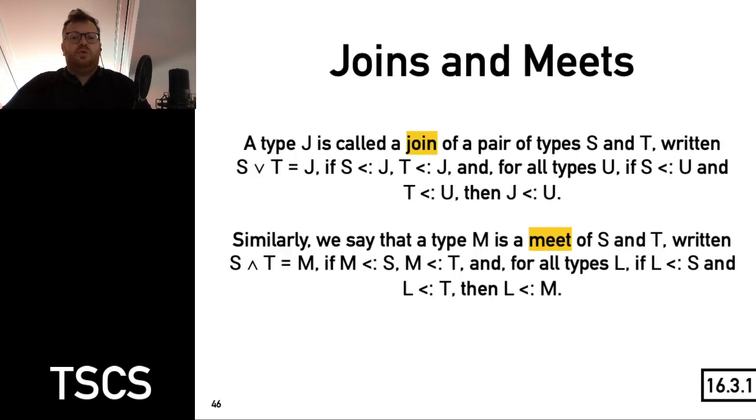And of course, when we are at that point, we can also define a meet. We say that the type M is a meet of S and T, written S meet T is M, if M is a subtype of S and M is a subtype of T, and for all types L that are also subtypes of S and T, L is smaller than M. Like L is a subtype of M as well.